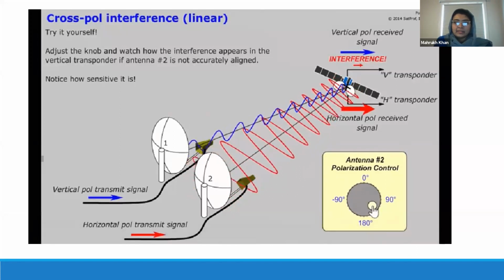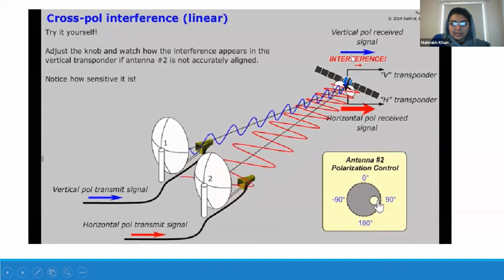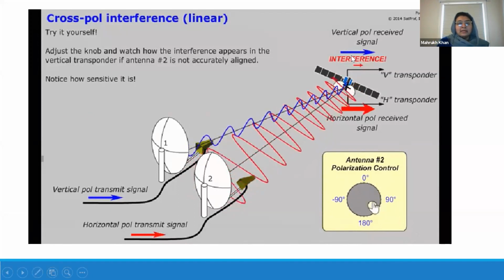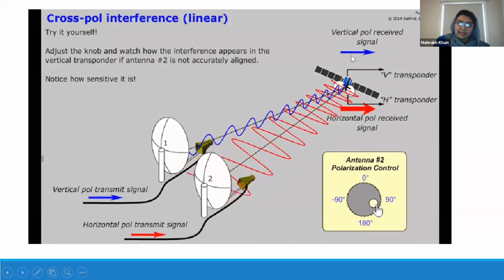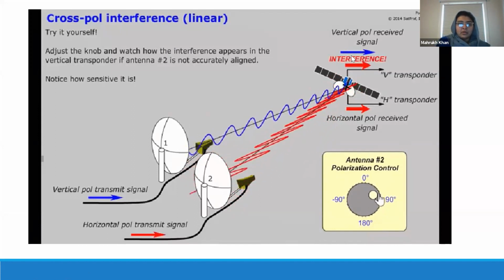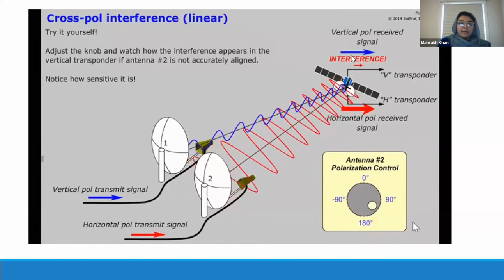So it becomes interference for certain polarization or certain angle, but it's not unwanted all the time. It depends on your polarization control whether it becomes unwanted or not.